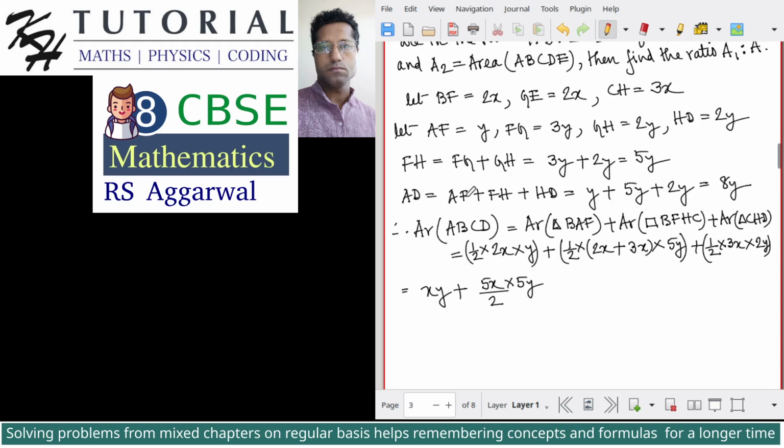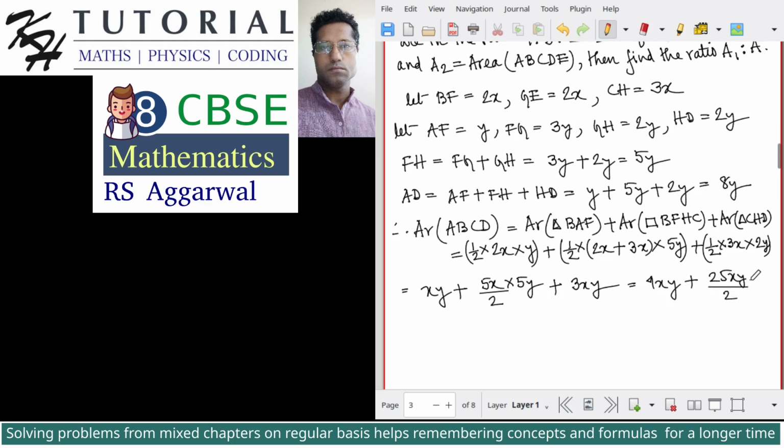Anyway, so plus we are having the area of the triangle CHD as 3xy. So this is equal to 4xy plus 25xy by 2.